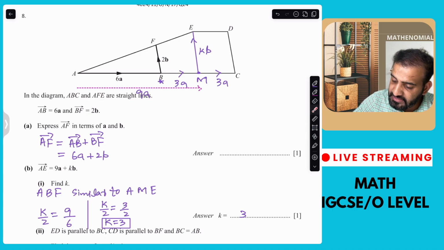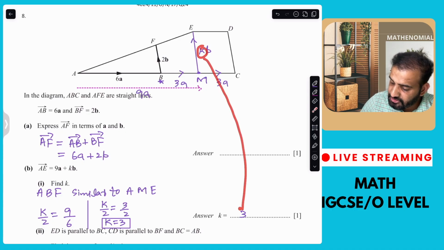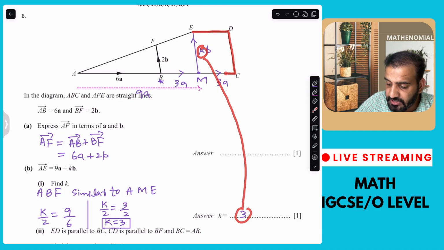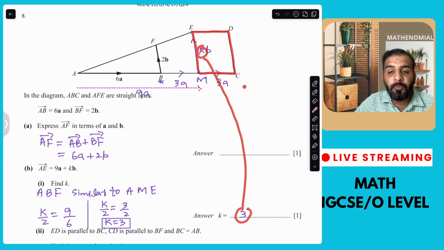And we know that k is 3. So this thing will become a parallelogram, so they have opposite equal sides.